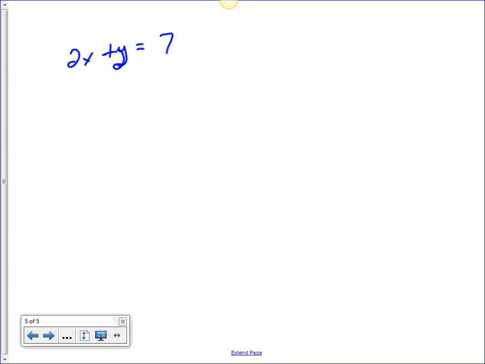And you should end up with y equals 7 minus 2x, because we would have subtracted out 2x from both sides. So then I want you to plug in these values of x. If I gave you x is equal to negative 3, 2, and 5. Go ahead and make your T-chart, plug in those values. Pause the video and find your values.